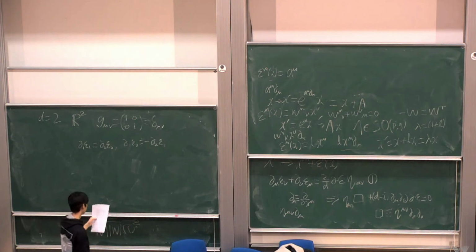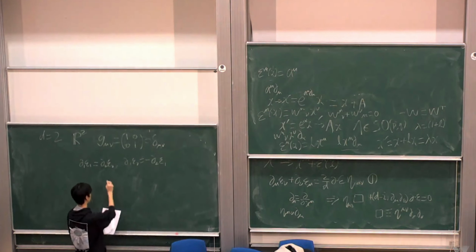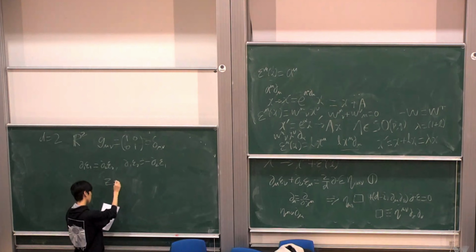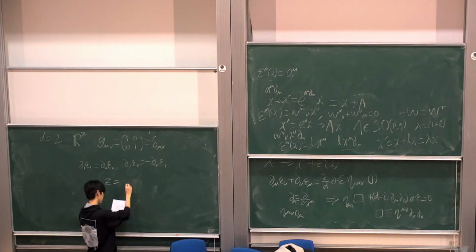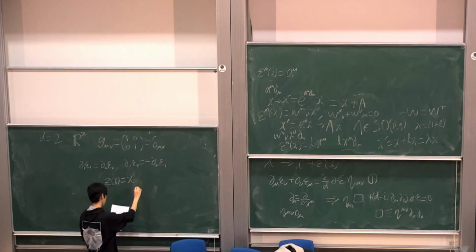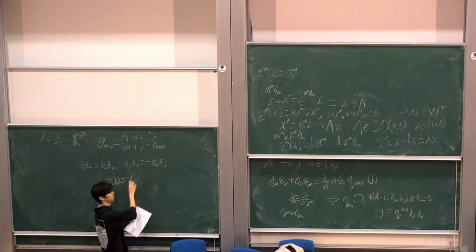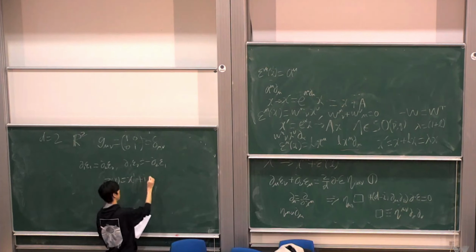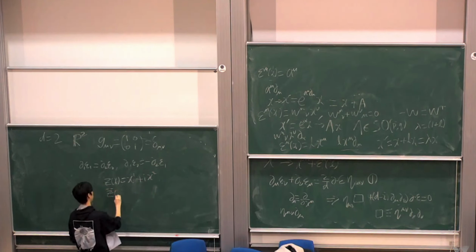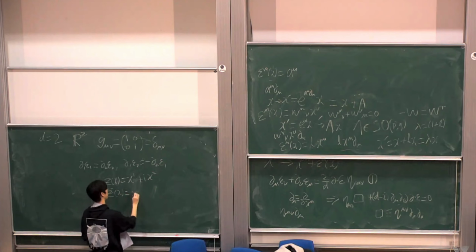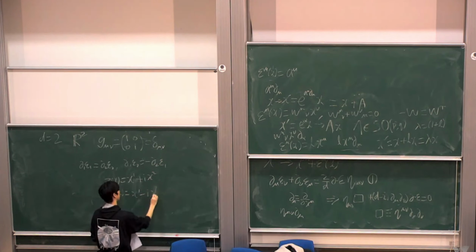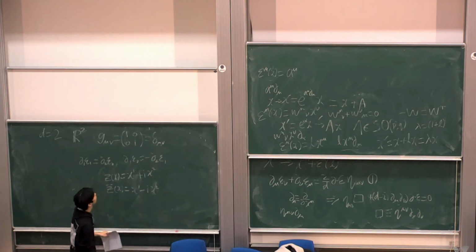So if we complexify the coordinates, z is x1, the first component of x, plus i x2, and z bar likewise.